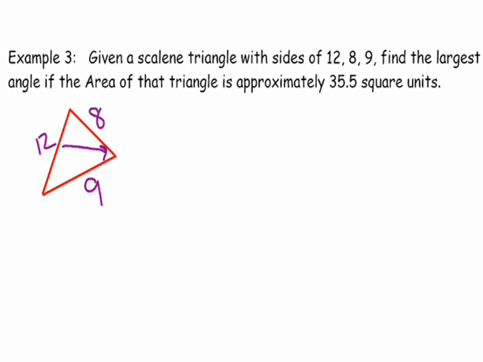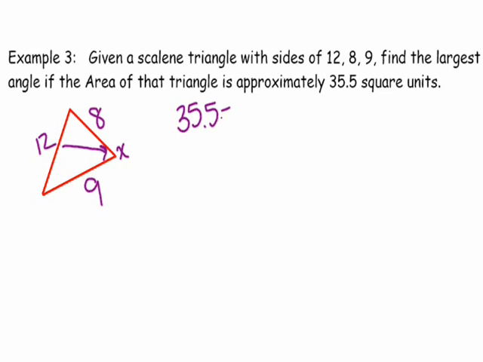It's going to be the one opposite the 12. So this angle right here, let's go ahead and call that angle X. If that's the case, then we know that these two sides are the sides that make up angle X. And we can go ahead and use our side angle side area formula to solve this.